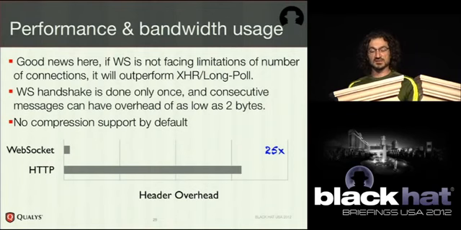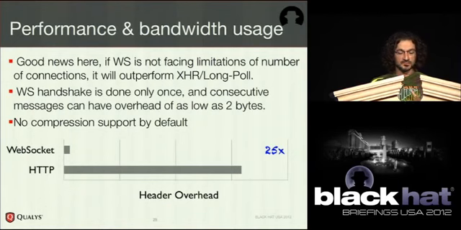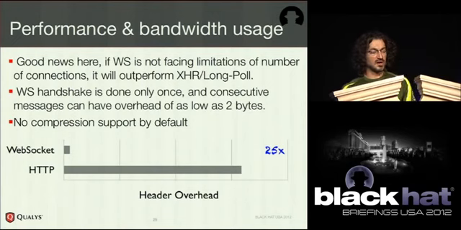And this is basically, as Mike mentioned, because of the compactness of the protocol. The handshake is done only once, and then consecutive packets can have overhead as low as 2 bytes.